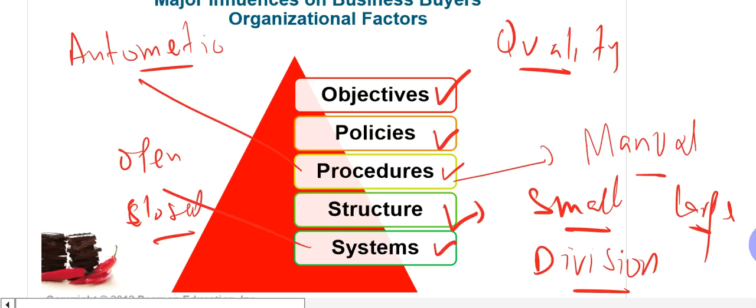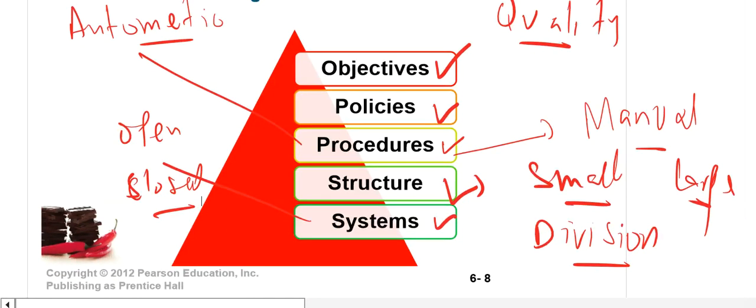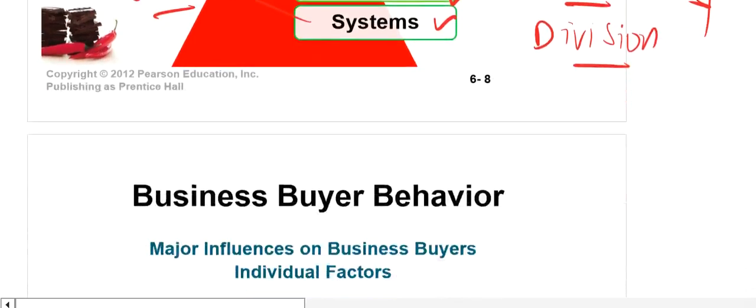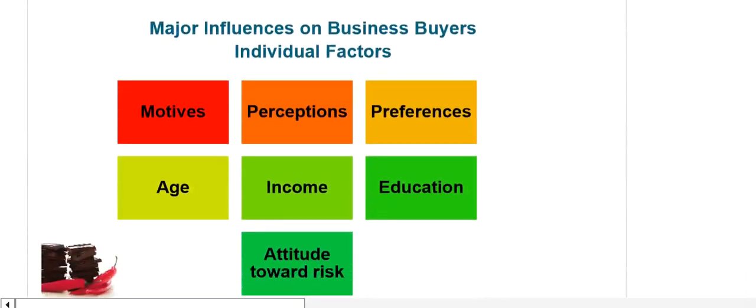So students, after understanding this, we will move to our next slide, and in the next slide we have some individual factors.